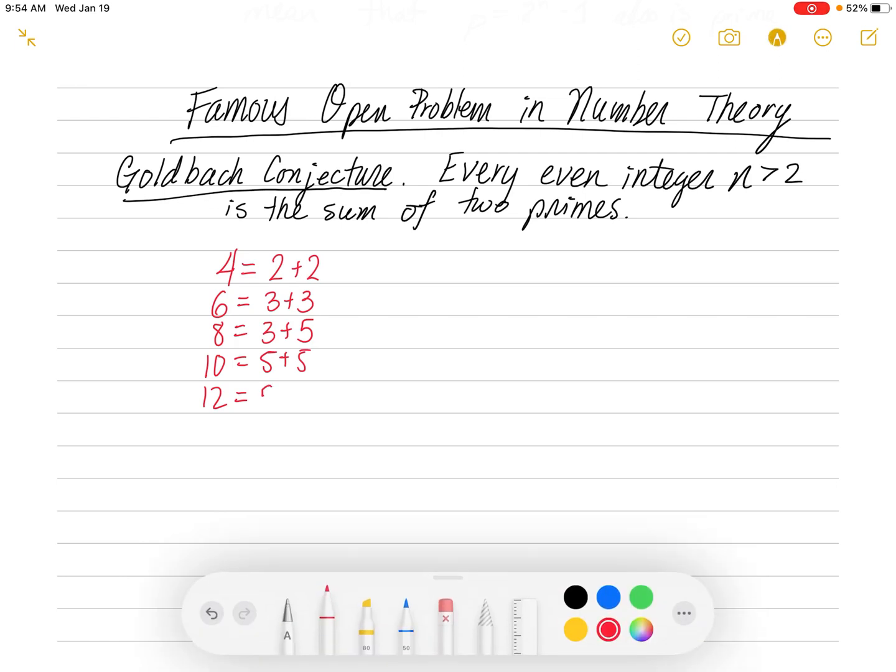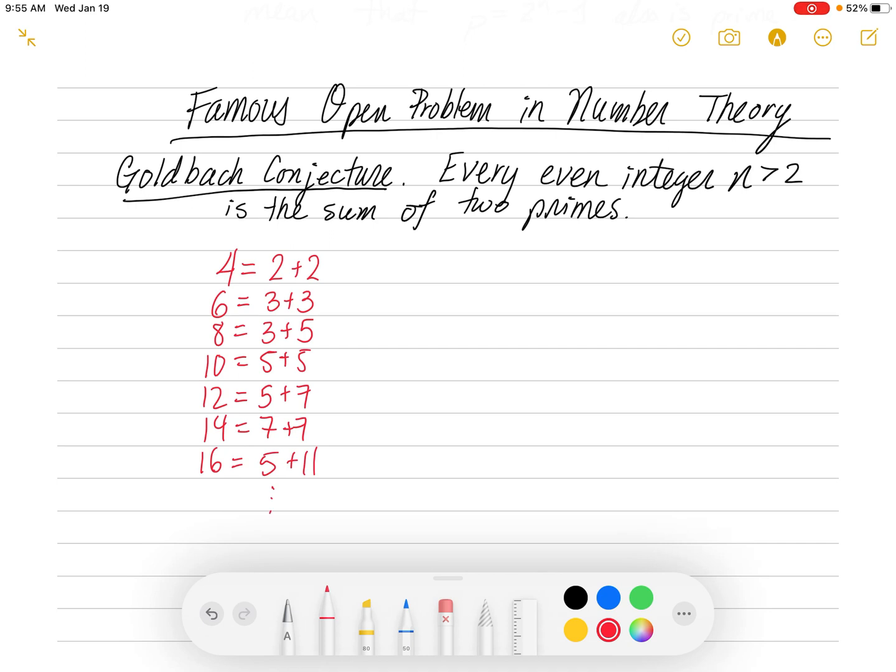12, you could write that as what? 5 plus 7. 14, you could write that as 7 plus 7. 16, what could you write that one as? 5 plus 11, and so on.